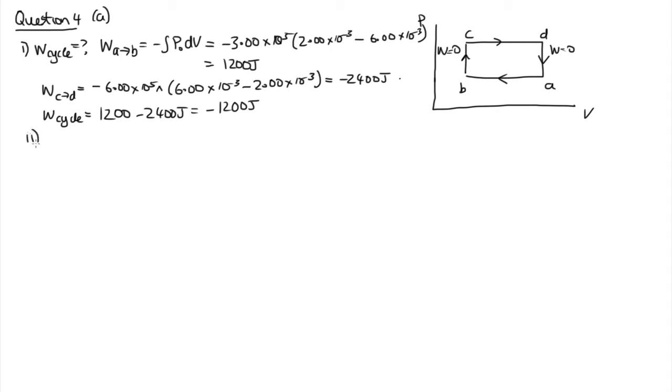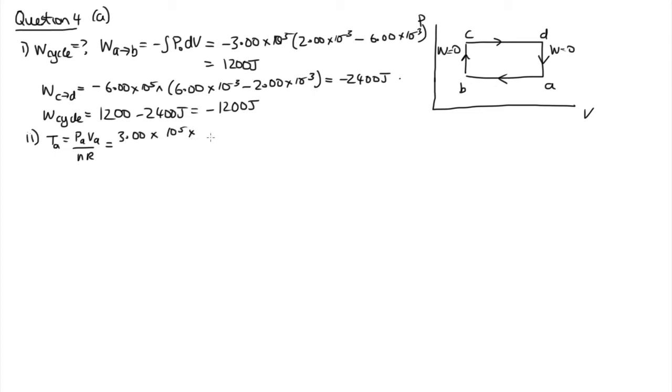Part 2 then asks us to calculate the temperatures at each point A, B, C and D, which is a bit tedious, so we can just use the ideal gas law for this. So the temperature at A is equal to the pressure at A, volume at A over nR. These are all values that we have. The pressure at A is 3.00 times 10 to the 5 pascals.